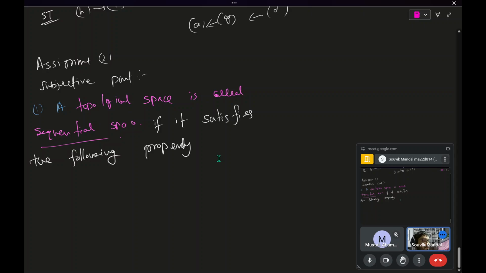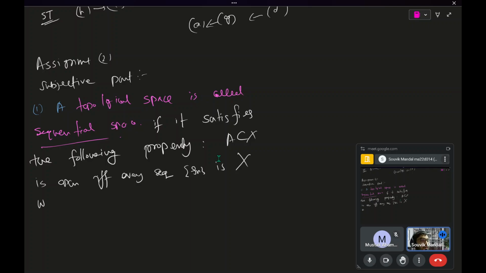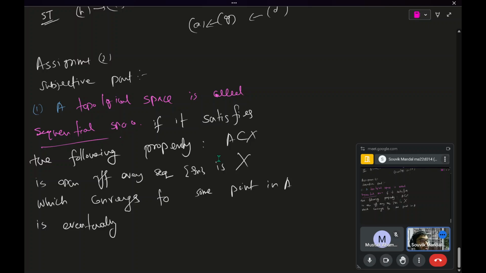A subset A of X is open if and only if every sequence in X which converges to some point in A is eventually inside A.